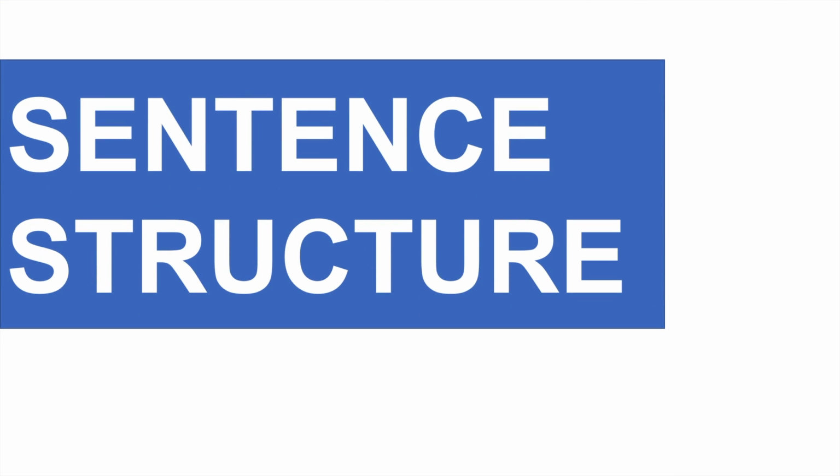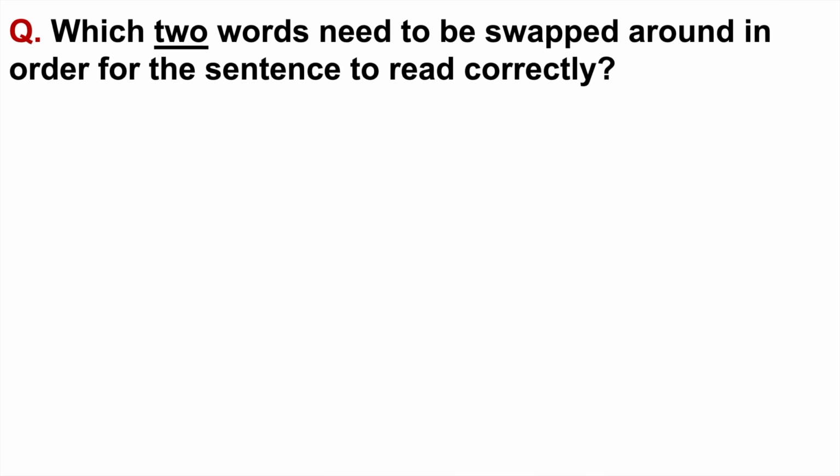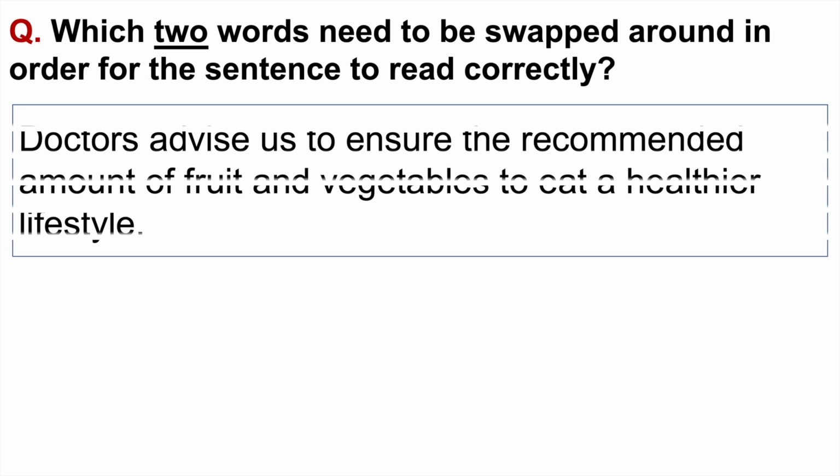Okay, let's now move on to sentence structure. Question, which two words need to be swapped around in order for the sentence to read correctly? And the sentence reads, doctors advise us to ensure the recommended amount of fruit and vegetables to eat a healthier lifestyle. It does not read correctly, and we need to swap around two words.